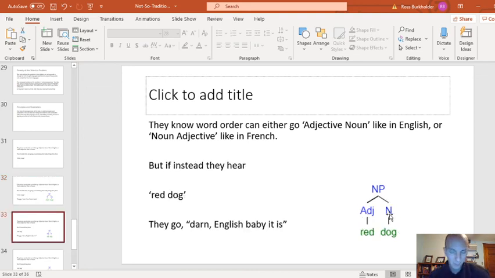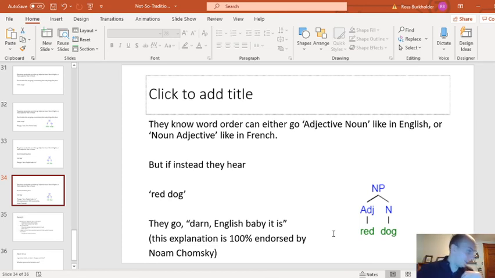Or if instead they hear something like this, red dog, like in English, they say, aha, I'm in a language that has the adjective before the noun, and they flick their switch the other way and say, I'm in an adjective-noun language. I'm an English baby now. It's a silly example. Noam Chomsky is probably groaning wherever he is, not in his grave.